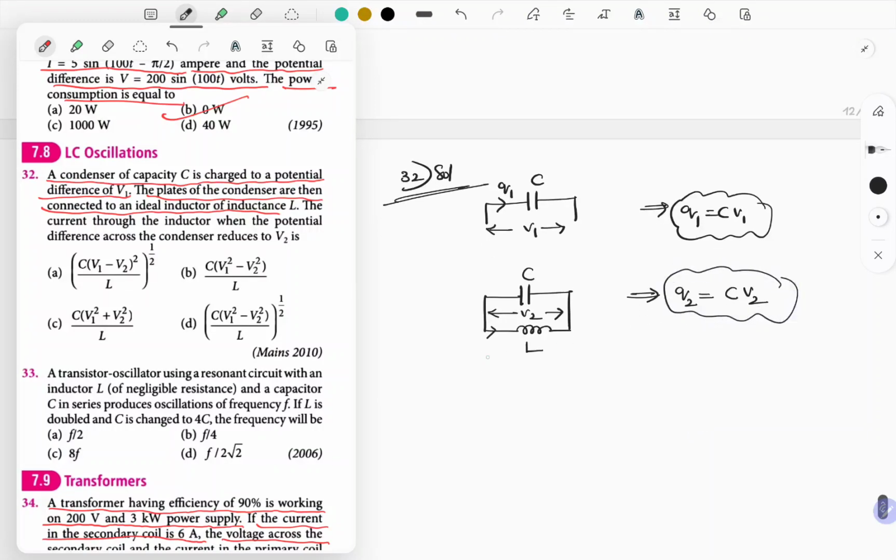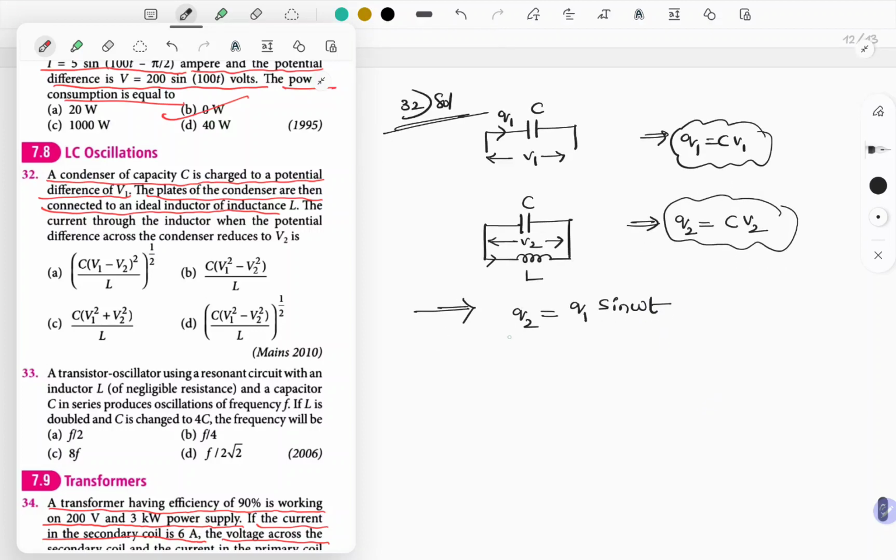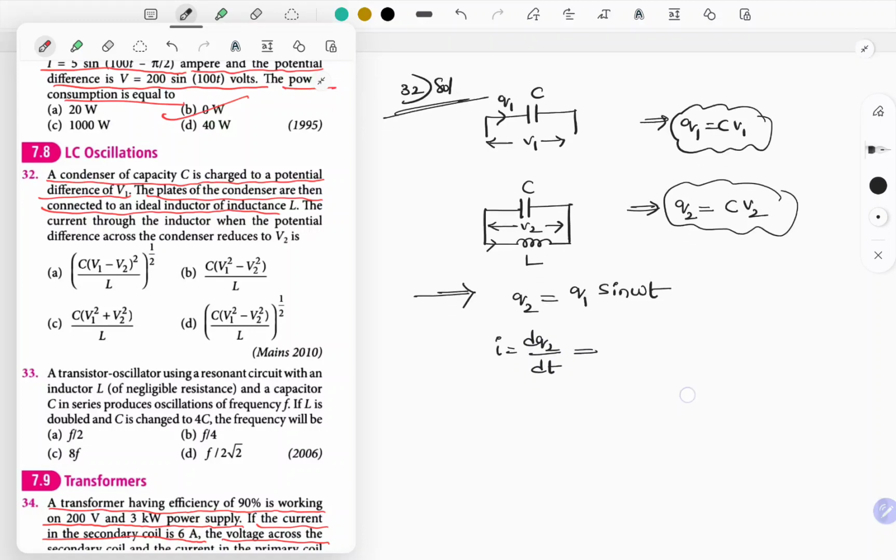Whenever an inductor and capacitor are connected, you can write the oscillating charge formula as Q2 is equal to Q1, the initial charge, into sine omega t. So how do we find the current? I is equal to dQ2 by dt, right? Let's differentiate.